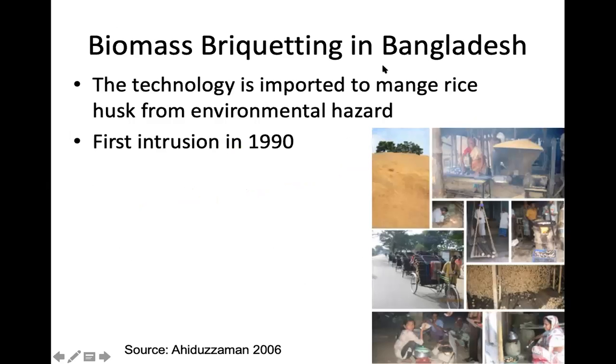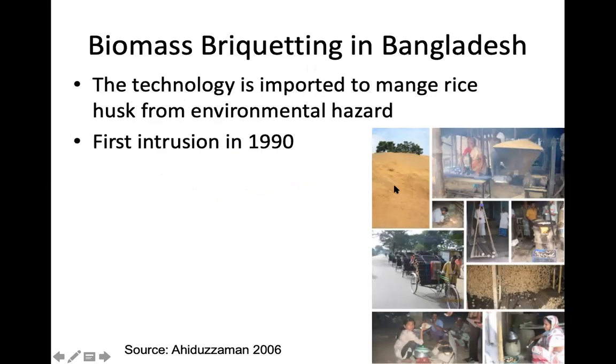Biomass briquetting in Bangladesh. As I mentioned, one of the ways to get energy from rice husk is a traditional technology called briquetting. The technology is important to manage rice husk from environmental hazard. First introduced in 1990 in Bangladesh.